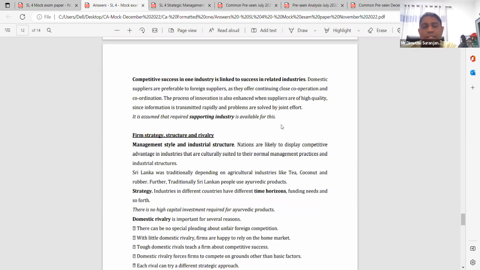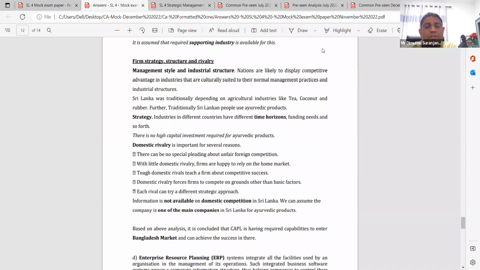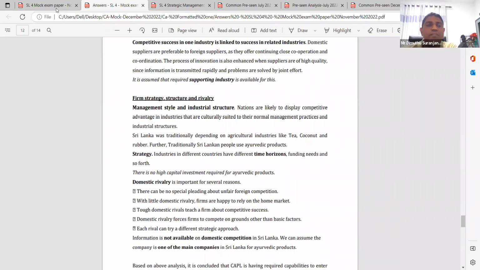Then firm strategy, structure, and rivalry. Normally there is some sort of competition. If you go to the Sri Lankan market, there are some Ayurvedic manufacturers that help us to get some advantage in the world context.